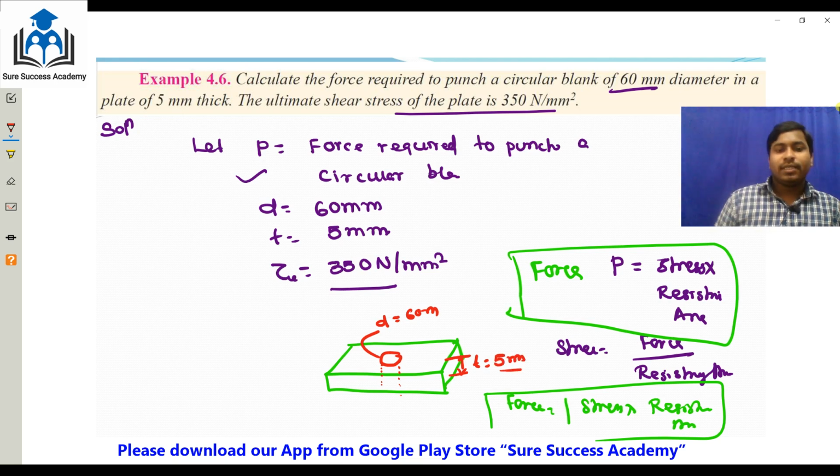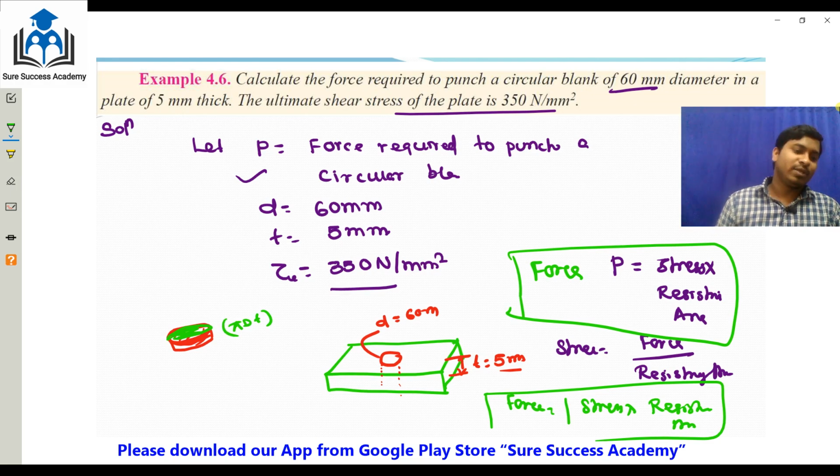So the resisting area will look like this. What is this resisting area? This is pi d, times the thickness.